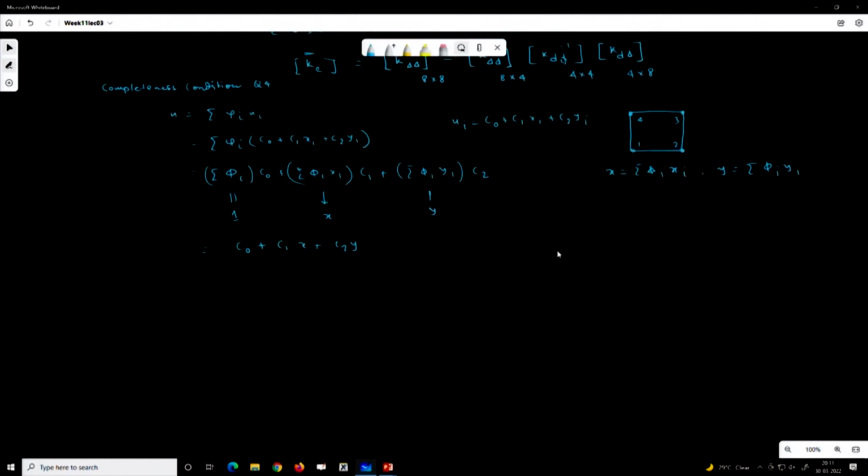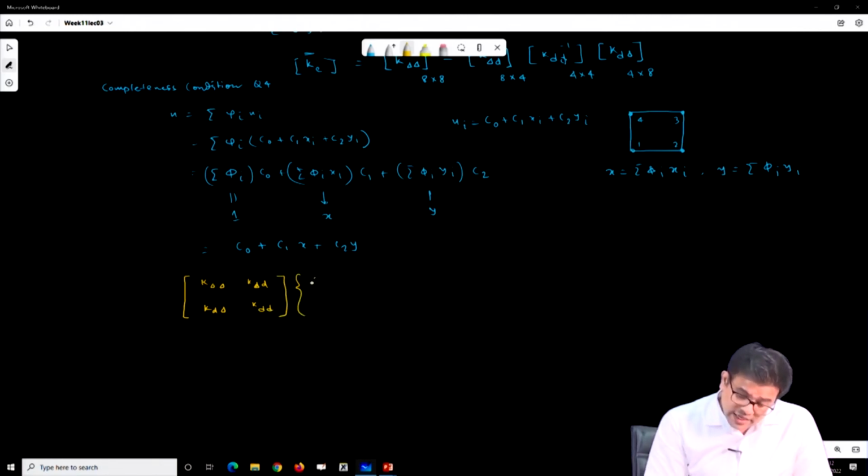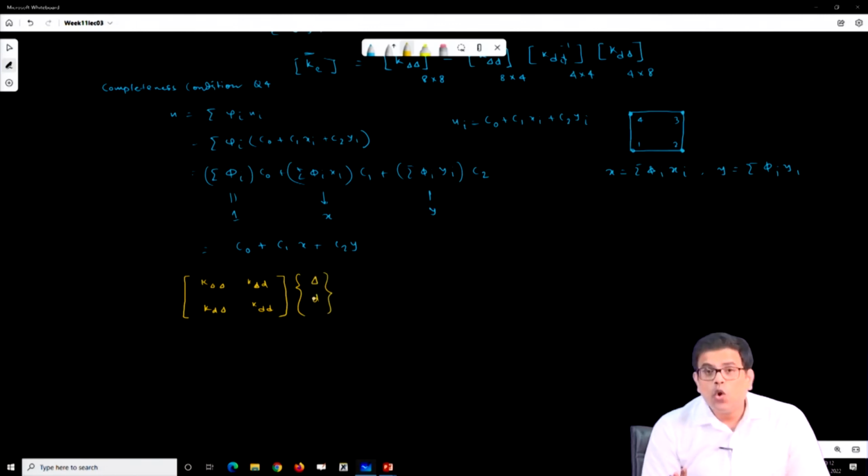With this argument, he showed the condition. If you look at our previous incompatibility equation, with K delta delta, K delta D, K D delta and KDD multiplying delta and d, then this d must be 0 essentially.